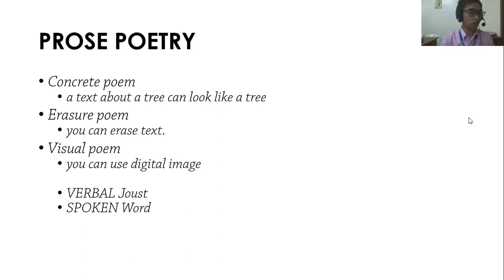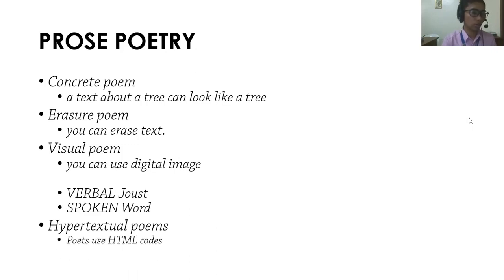So spoken word also, which is very familiar to us. There are many ways and avenues to innovate the form and content of a poem. Spoken word is for performance poetry, which is very relevant as of today. We have also what we call hypertextual poems, where poets use HTML poems or codes.